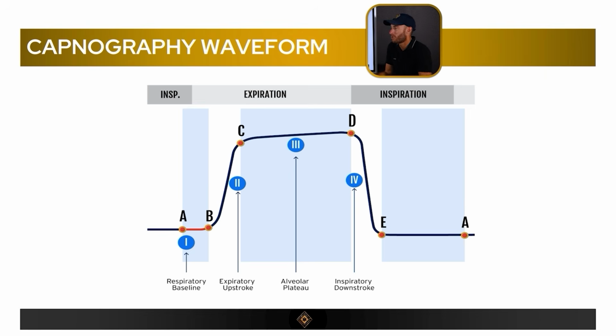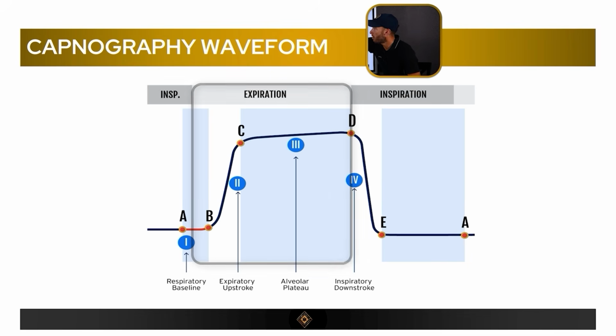Does it look like it's trailing off? You'll see examples later on. No, it looks pretty much like a slightly upright square. That's what you want to see, with a little tip point right there at D. So we have here inspiration, the expiration phase, inspiration.